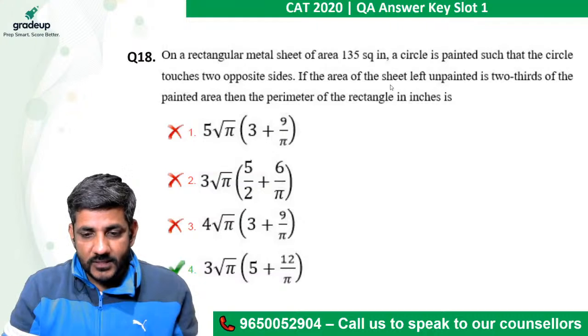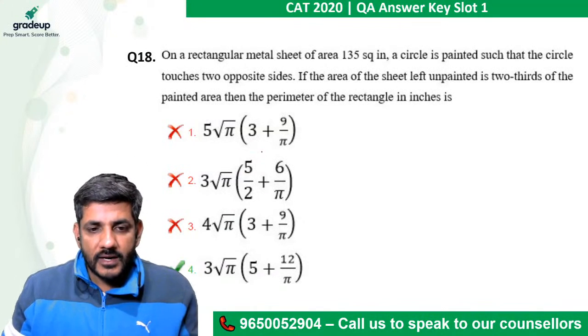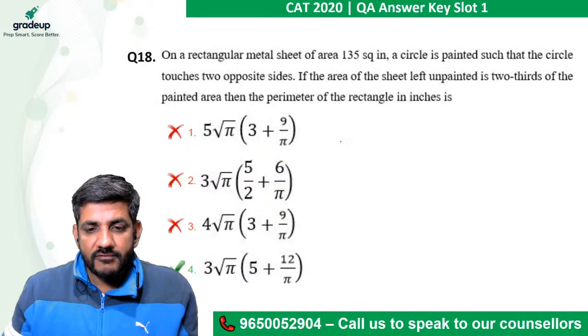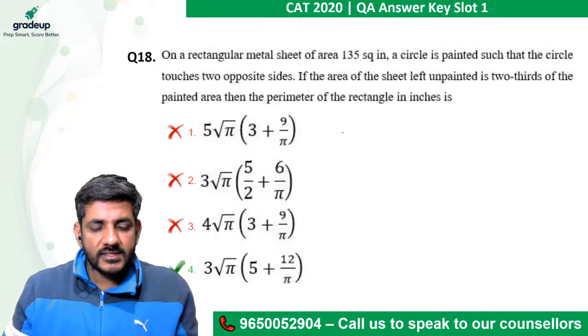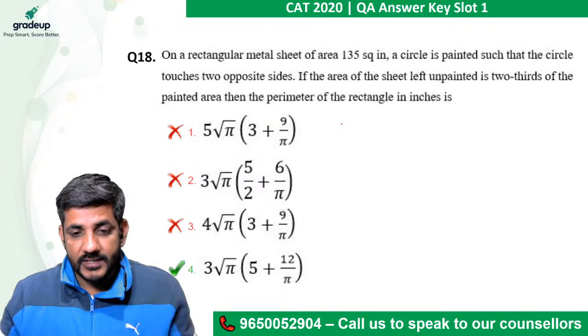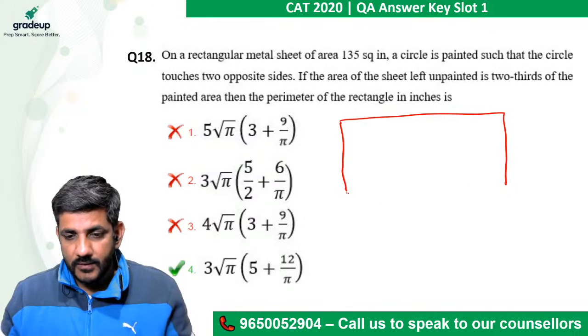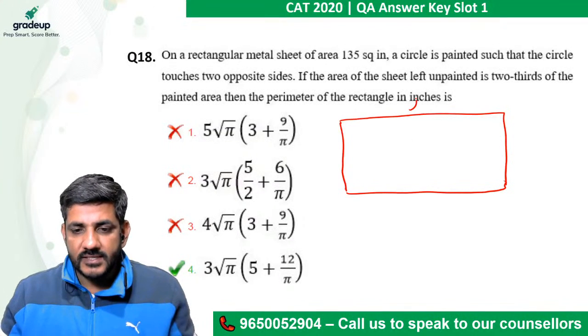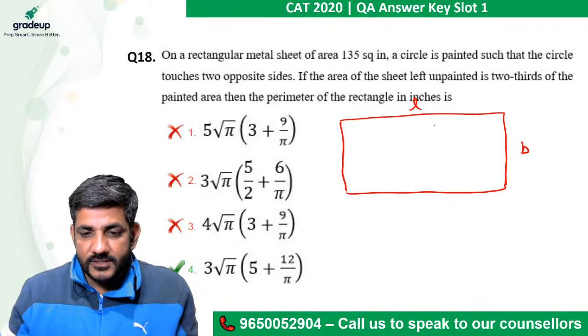Looking at the options, it looks a difficult question, hai na? So on a rectangular metal sheet of area 135 square inches, a circle is painted such that the circle touches two opposite sides. So let me make the sheet first. So let's say this is the length, this is the breadth. A circle is painted such that it touches two opposite sides.